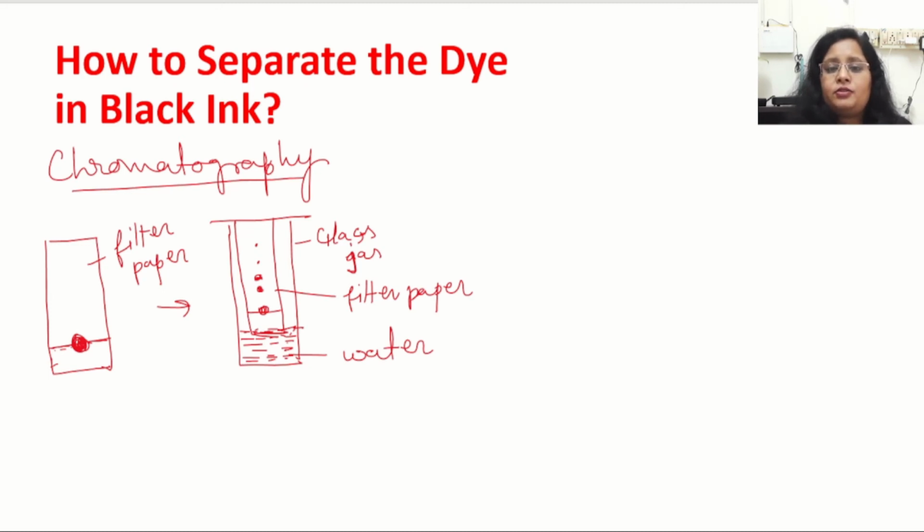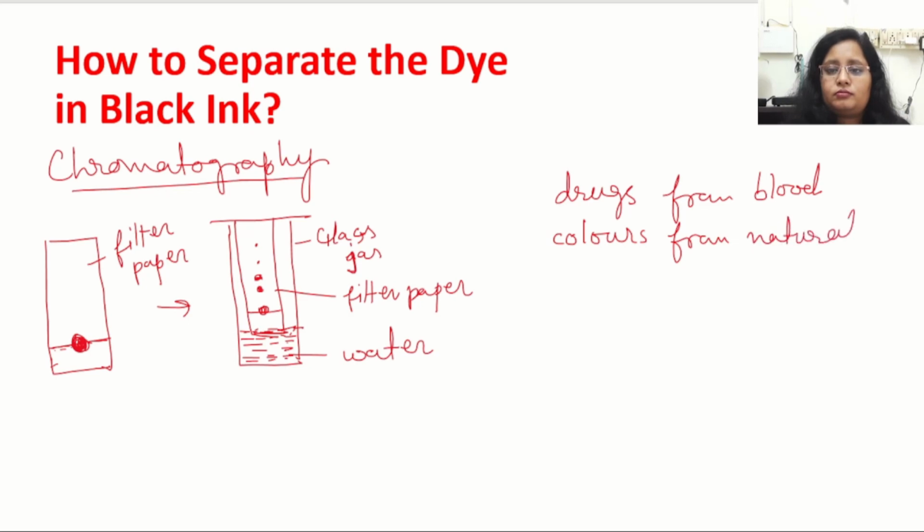Other places where we can use the chromatography method are to find drugs from blood, colors from natural dye, and one more place we can use it is color from the dyes.